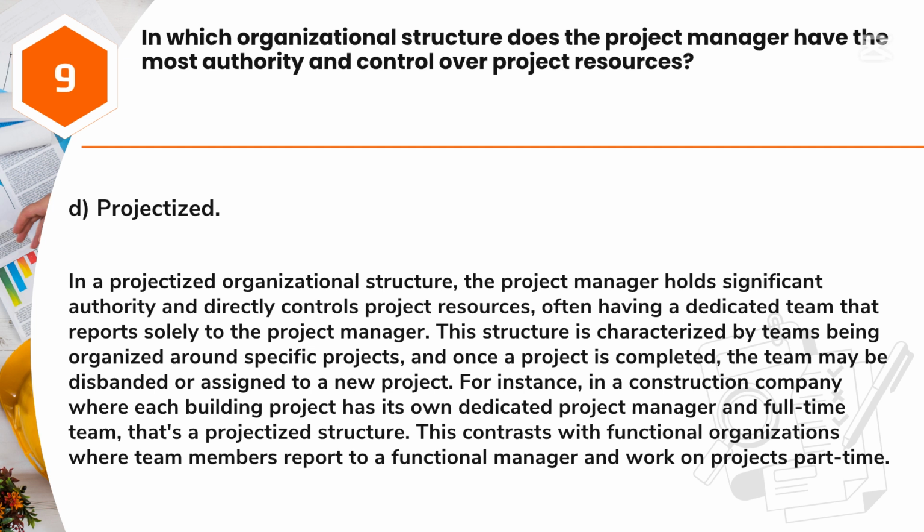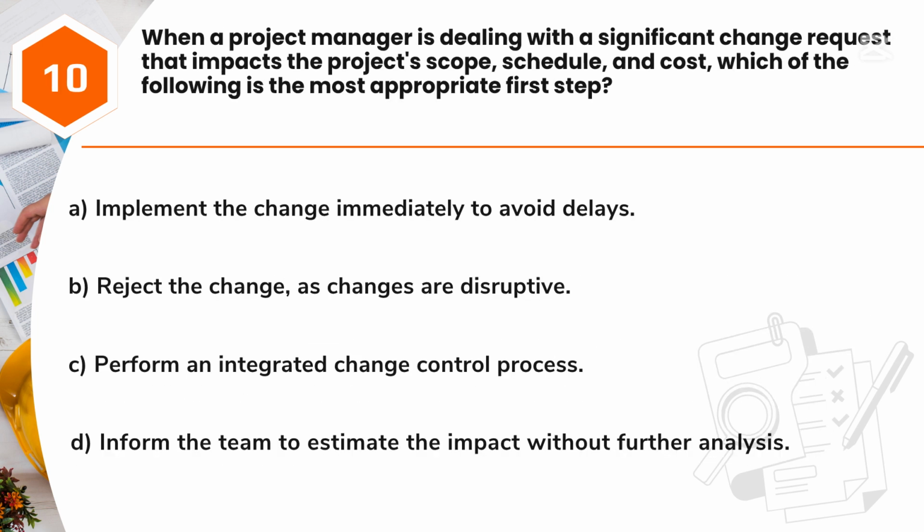For instance, in a construction company where each building project has its own dedicated project manager and full-time team, that's a projectized structure. This contrasts with functional organizations where team members report to a functional manager and work on projects part-time.